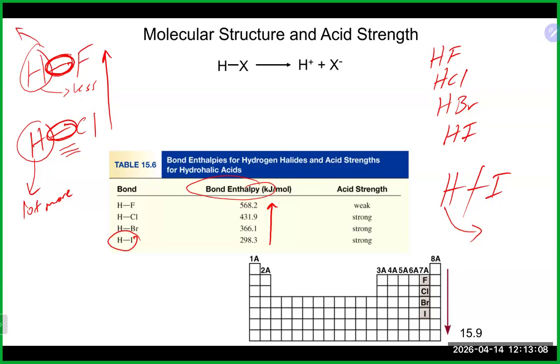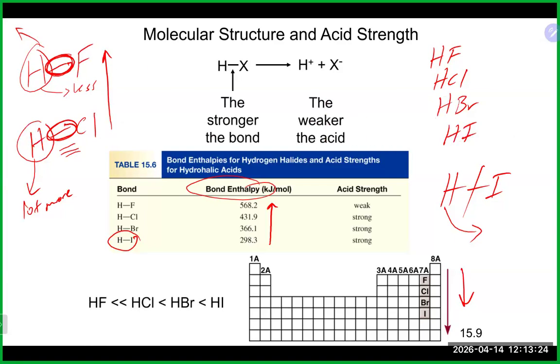So in group 7, what we look at in terms of acid strength when comparing is actually bond enthalpy. And acid strength actually increases as you go down group 7 for those acids. That means hydrofluoric acid is the weakest acid of the bunch, and hydroiodic acid is the strongest acid.